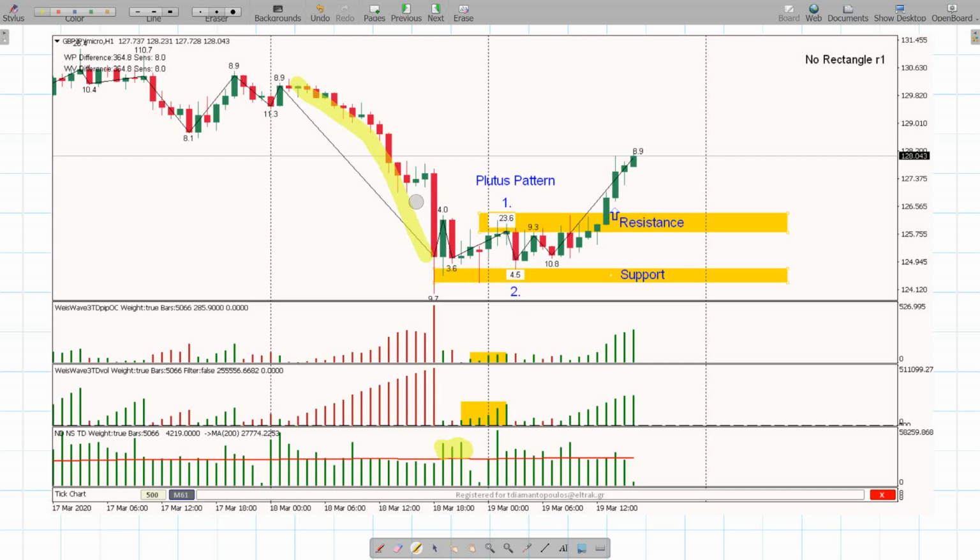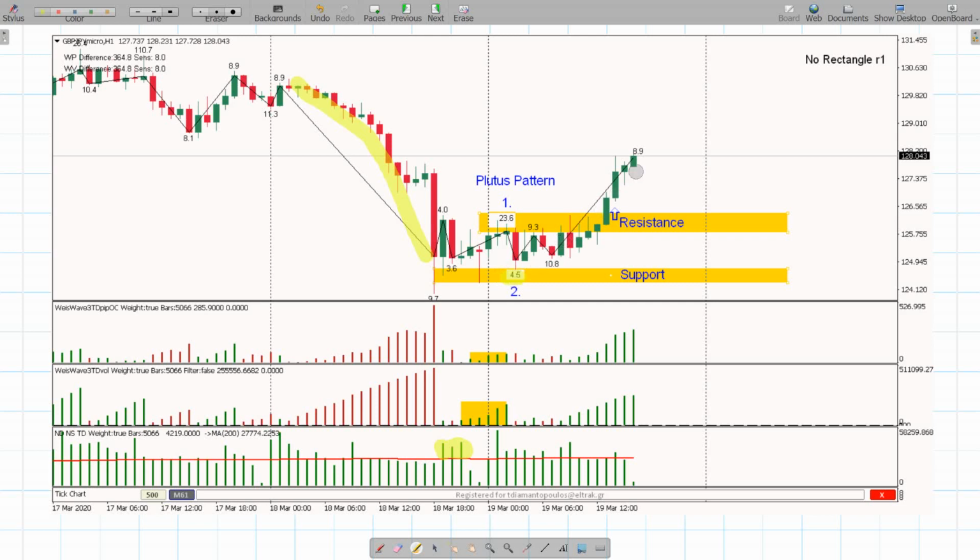Why? Because many times this is how a change of trend appears. People are selling, and then we do a fake move, and that's the fake move. The fast wave here with a 4.5 speed index.